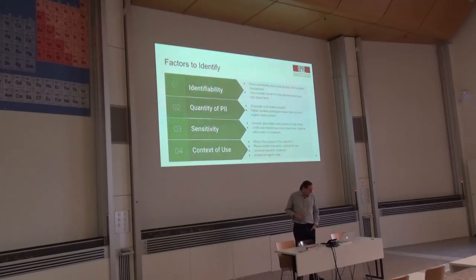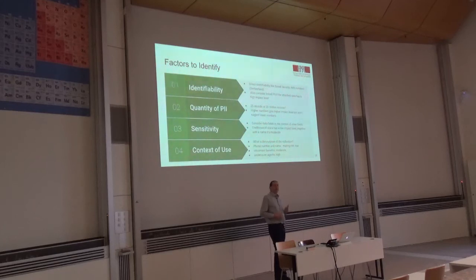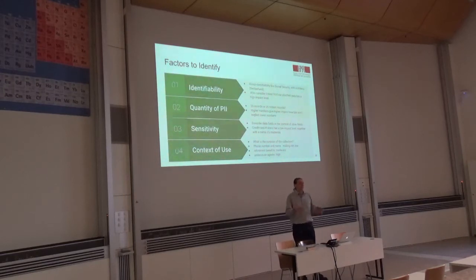Quantity of PII, number of records, the sensitivity, and context of use. This actually often figures in very closely in laws surrounding the use of personally identifiable information. What did the company collect it for? Why are you storing it? What is the process for determining what it can be used for in the future?